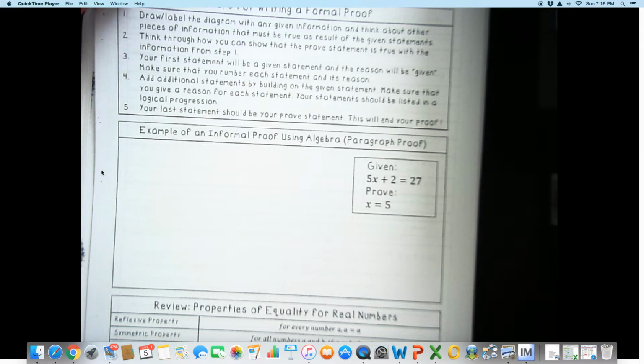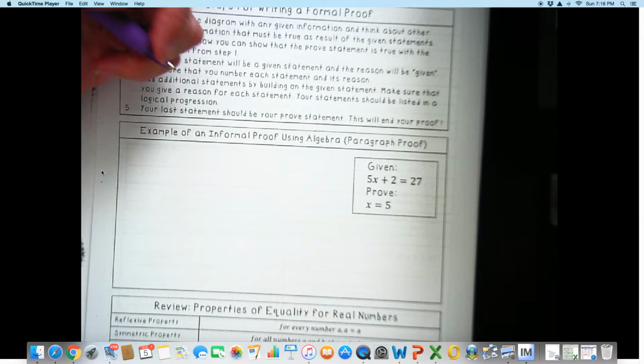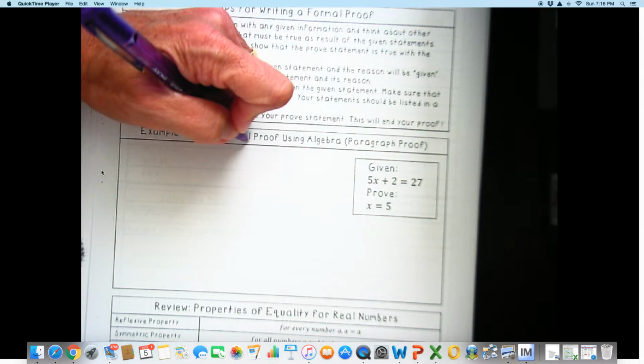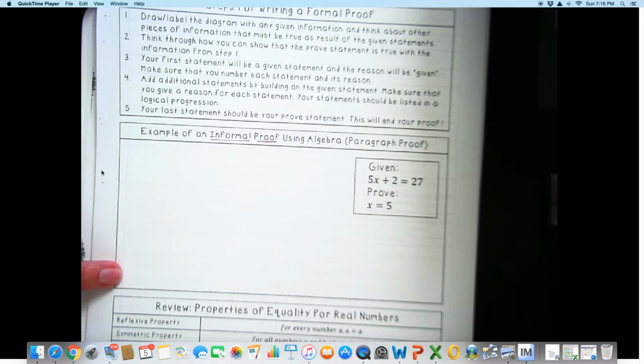Okay, so I'm going to go ahead and write out what I would write in this informal proof. Remember, since it's informal, you don't have to list everything logically, and you don't necessarily have to include every little detail. You're just basically writing down what's going through your head as you're solving the equation.